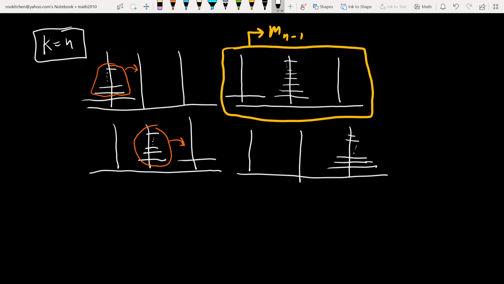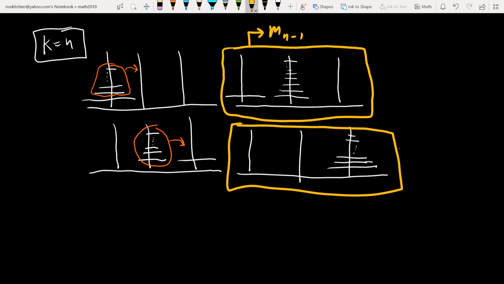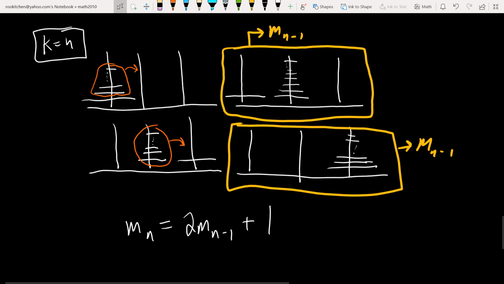So again, this takes m sub n minus 1 moves. And finally, how many moves does it take for a tower of n donuts? Well, there's 2 sets of m sub n minus 1 moves, plus moving that one big disk on the bottom. And there's your recursive formula for the Tower of Hanoi.